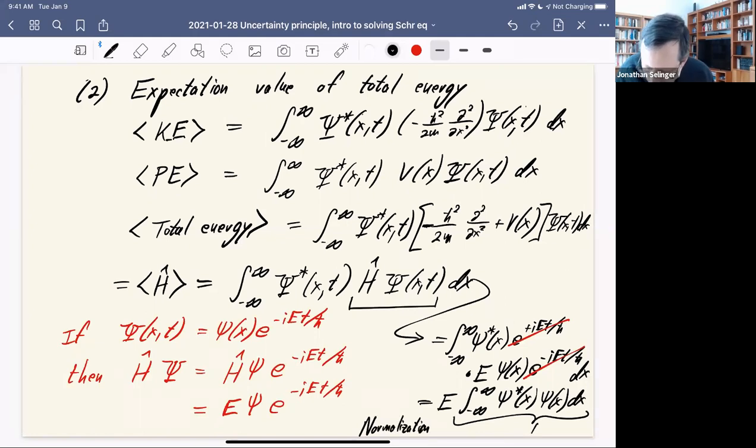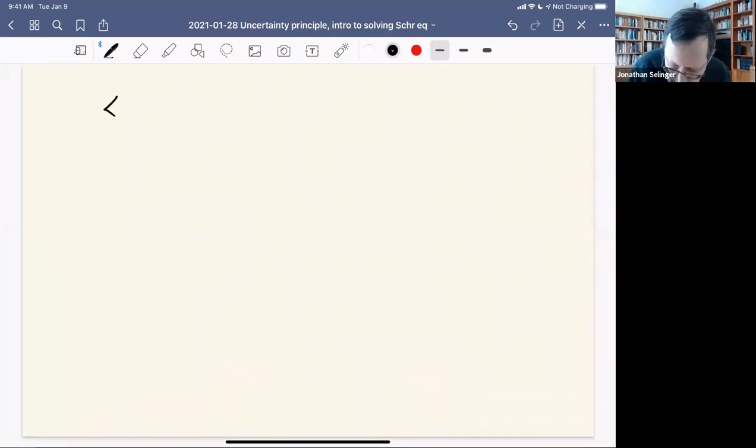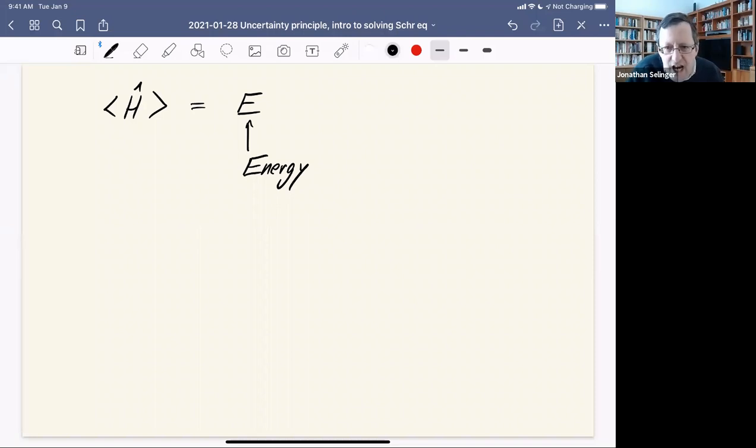So this tells us now that the expectation value of the Hamiltonian in one of these special states is E. That then becomes the physical meaning of E. I didn't tell you before what E stands for. Now I can tell you. E stands for energy.